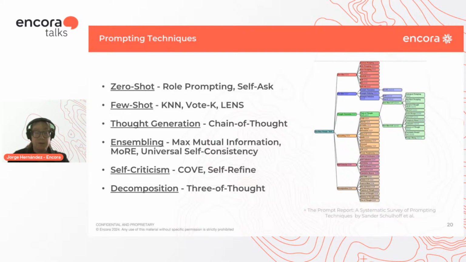So weak learners together become much better, and using techniques like max mutual information and more, and universal self consistency, you can exploit that for LLMs because they're statistical in nature, so they won't always answer the same way, and you can tweak the prompts from one to the other, and mix techniques with ensembling. So that actually is one of the most promising areas.